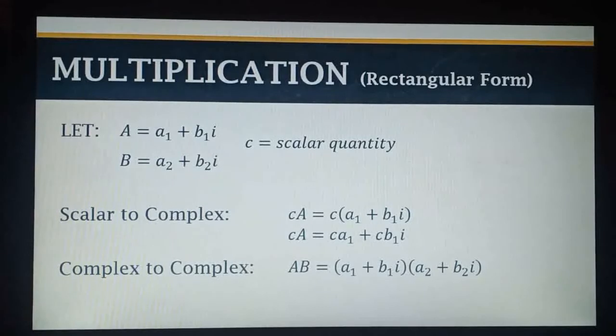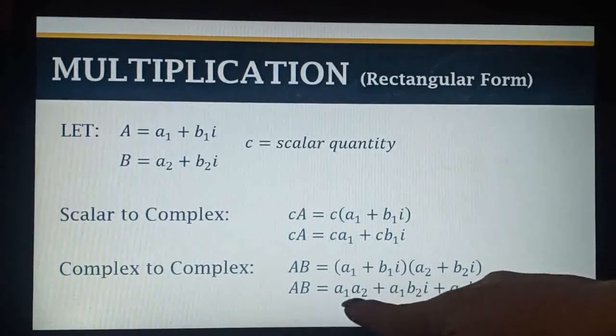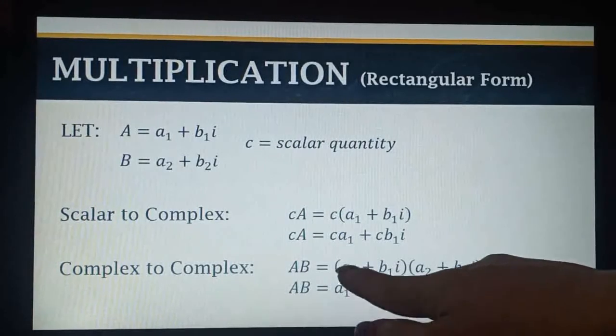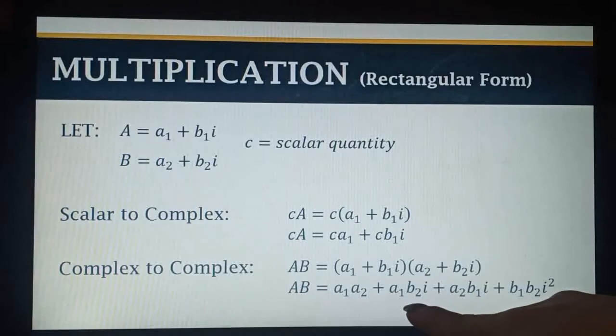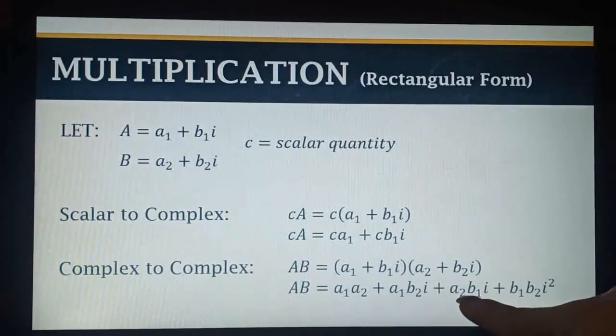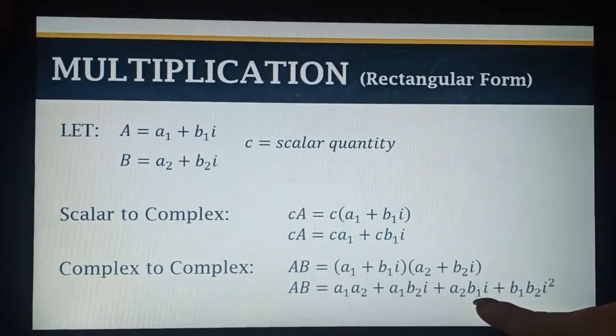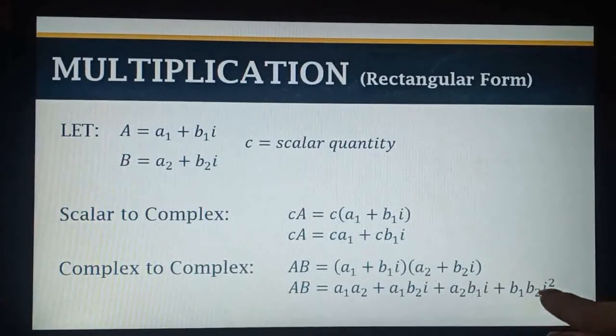So the first is A1, A2. The outer is A1, B2i. The inner is B1, A2i or just A2, B1i. Then the last is B1, B2, then i squared.